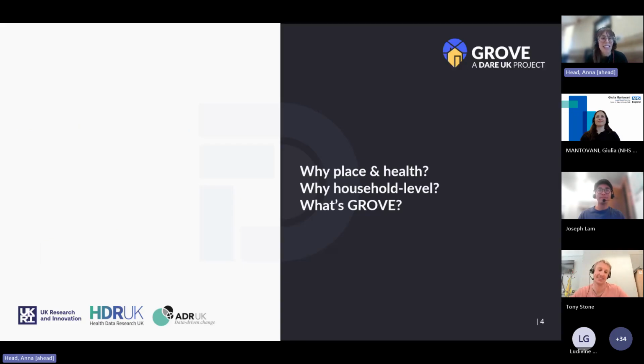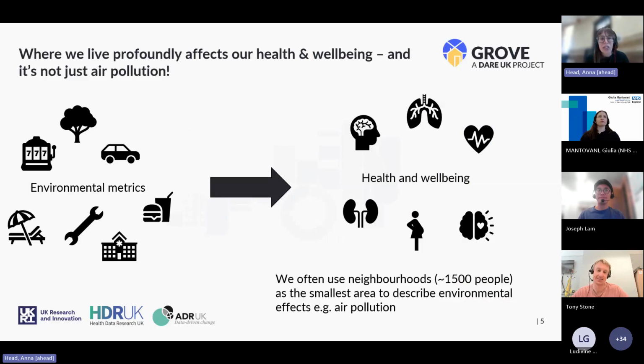So why place and health? We know that where we live affects our health and well-being and our likelihood of developing poor health, and that comes from lots of different aspects of place, not just air pollution, but all sorts of different things, and these are often distributed unequally within our neighbourhoods.